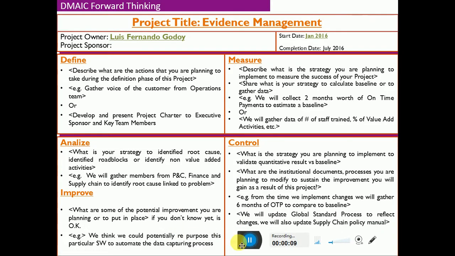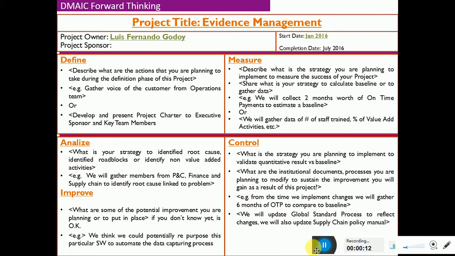One of the most important templates I've developed for continuous improvement, and I call it the DMAIC forward thinking template. The purpose of the template is to look into the future of your project, to be able to link what you think should happen with your project to the different phases of the methodology.